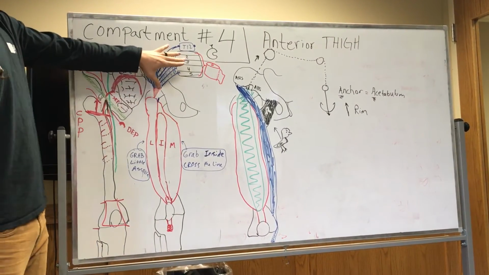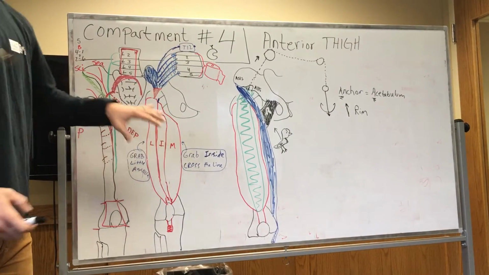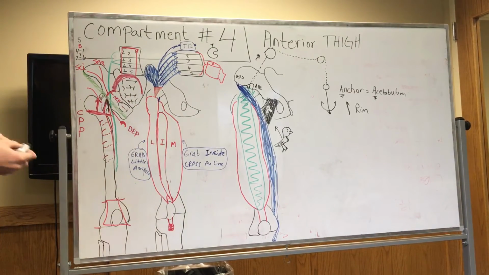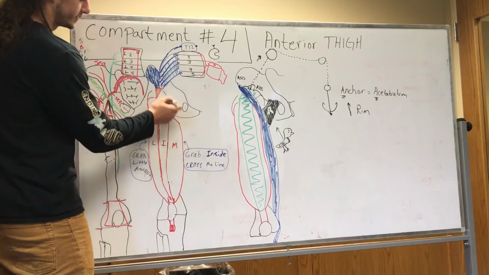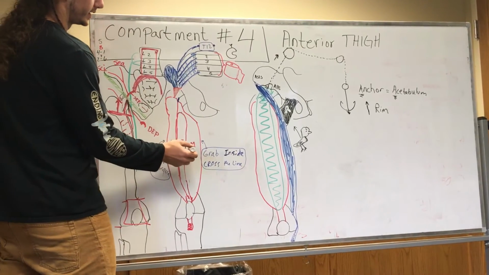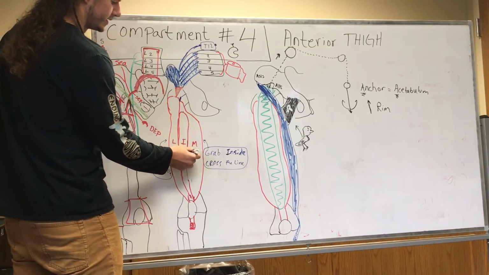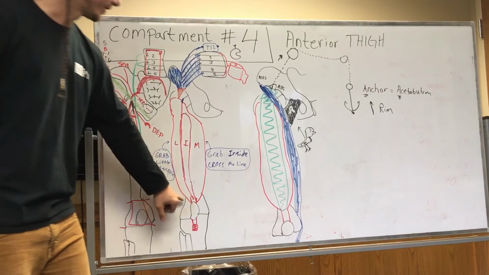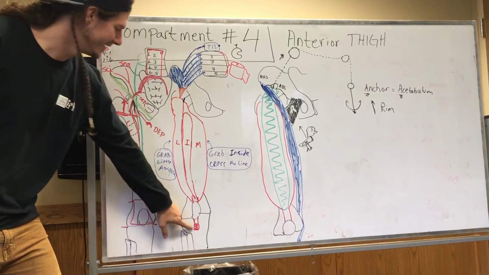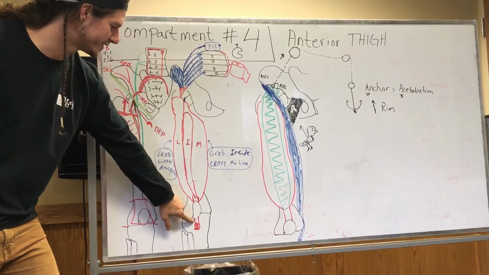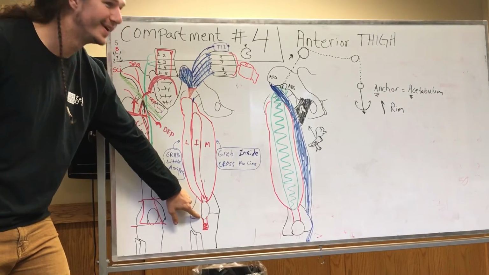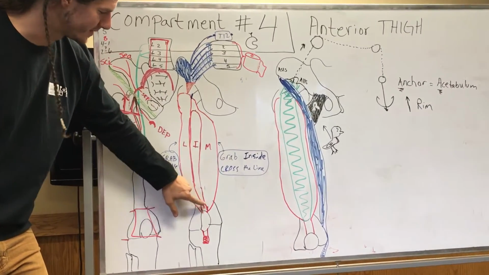But like we've done in our other compartments, we're going to build from the deepest layer up. So we start with the 3 vastus muscles, lateralis, intermedius, and medialis, which all insert where? Into the tibial tuberosity via the patellar ligament, because it's bone to bone, also via the patella.